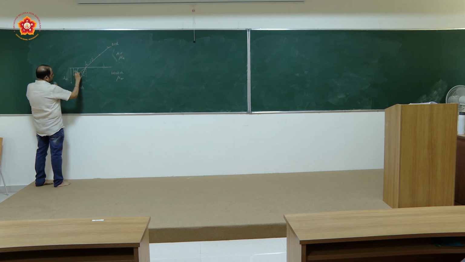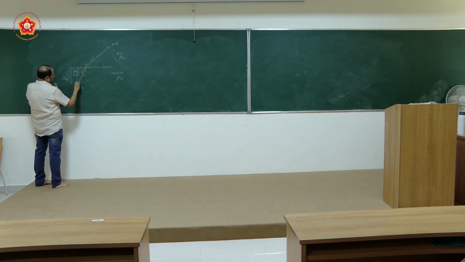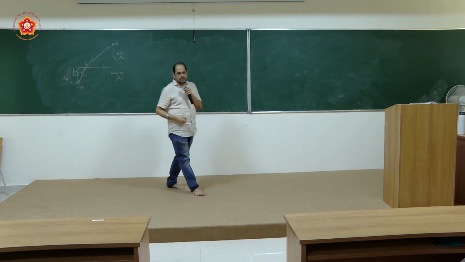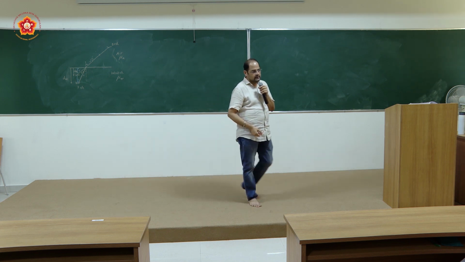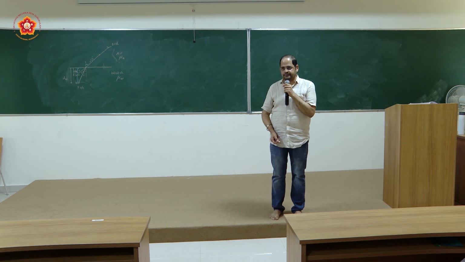Can I mark this angle as r? And can I mark this angle as i? I'm using the basic properties of parallel lines to mark all these things. Can I mark it? Yes or no?